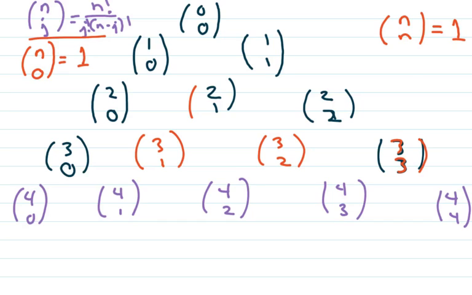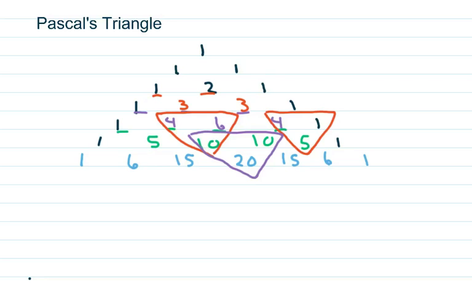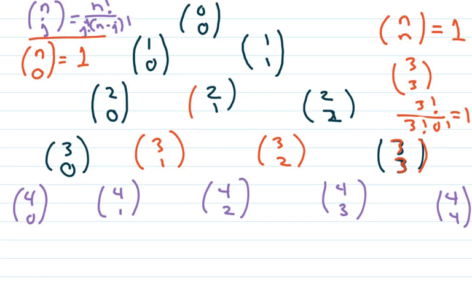So if I take 3 choose 3, this is 3 factorial over 3 factorial times 0 factorial, which equals 1. And looking at Pascal's triangle, that's what we have. This is just like we did on the previous slide, you get the same numbers. And this is going to be helpful when we do the binomial theorem.